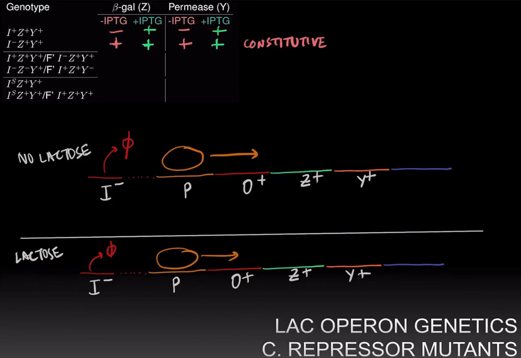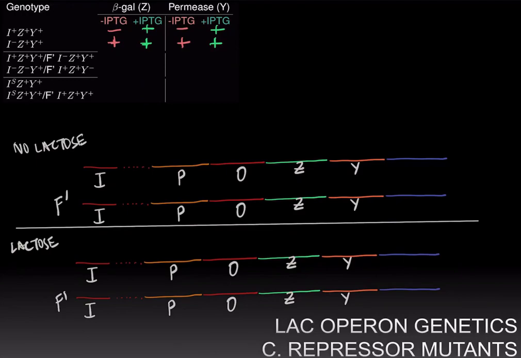Next, Jacob and Monod investigated the dominance relationship between I plus and I minus by constructing a heterozygous partial diploid.